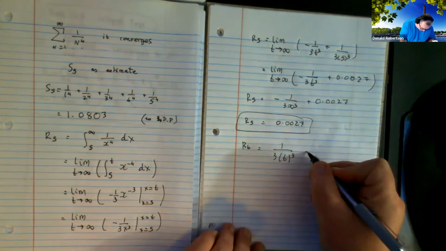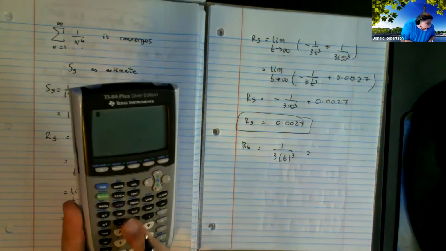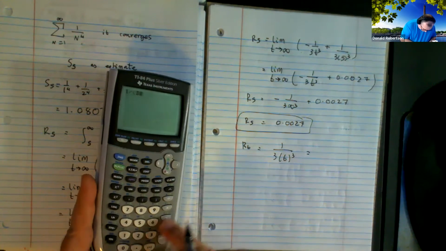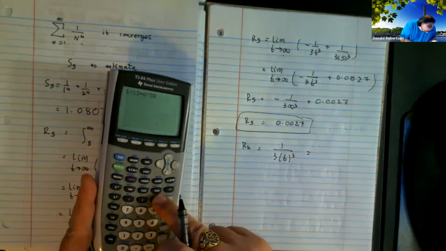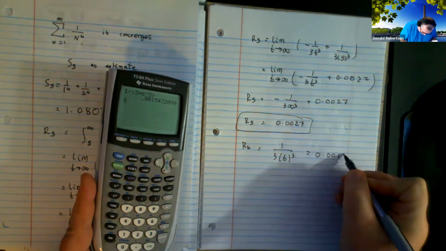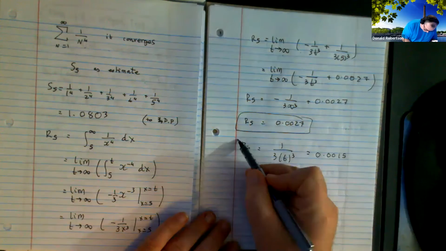And now as a decimal, this guy is 1 divided by, put a little bracket around it, 3 times 6 to the power of 3. And the answer we get this time is 0.0015. And this is R6.